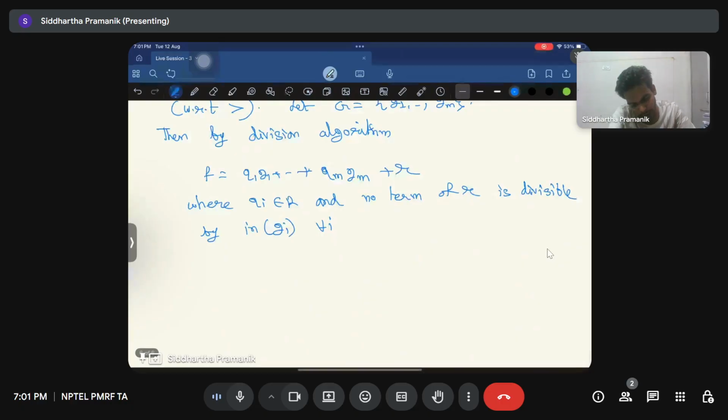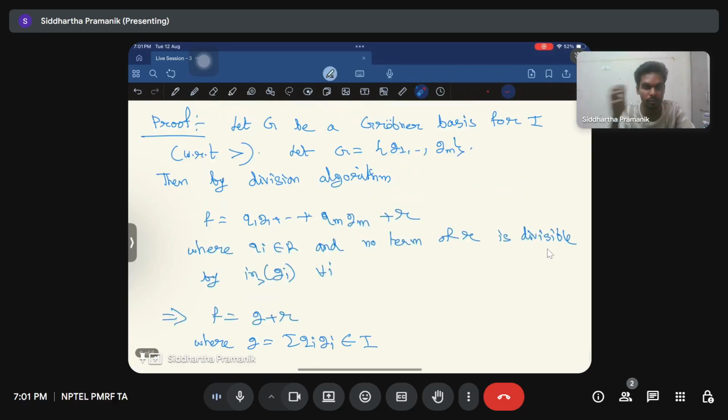So no term of R is divisible by any of the initial terms of Gi. But those initial terms will generate the initial ideal of I. So this implies F equals some G plus R, where G equals the summation of Qi Gi. This must belong to I, because these Gi's are elements of G, which is a Grobner basis of I.